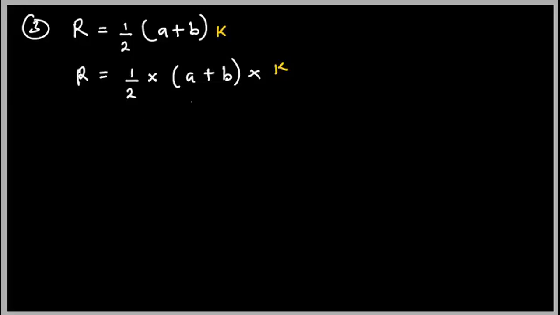So I can easily put everything over 1, and I will have r equals to 1 times a plus b, which is still a plus b, and a plus b multiplied by k.